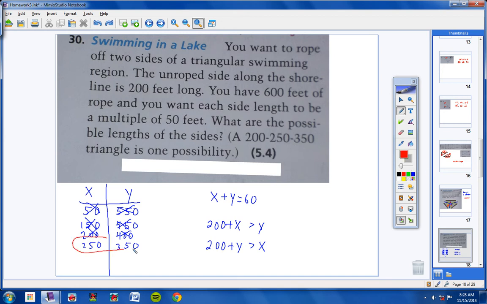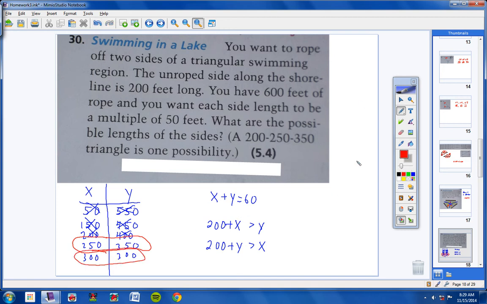All right, let's go on to our next increment of 50. Let's try 300 and 300. Okay, let's see here. 300 here for x, 300 here for y, everything's good. 500 is greater than 300, and 500 is greater than 300. So we're good. Okay, let's try another one real quick.